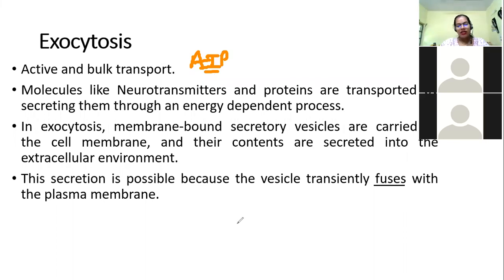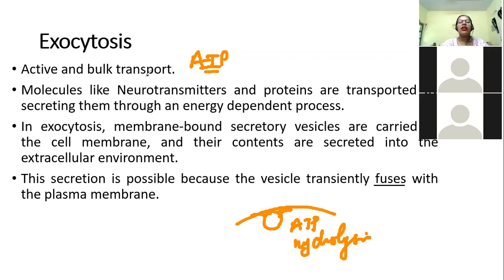When a vesicle comes to the plasma membrane, it has to fuse with the membrane, and this fusion happens with the help of ATP hydrolysis. It is also called bulk transport because till now, when we were talking about membrane transporters, only one molecule was going at a time. But in exocytosis, so many molecules at a time are released outside the cell.